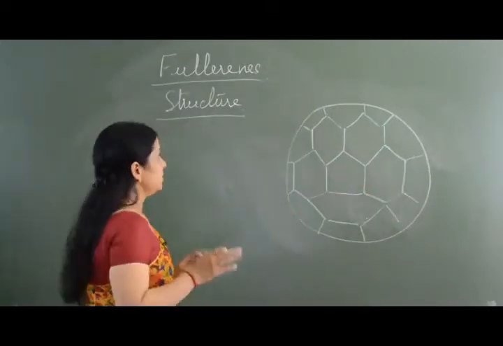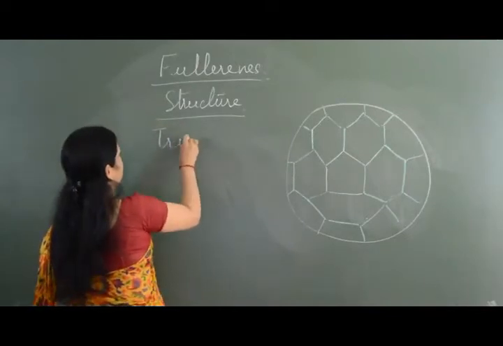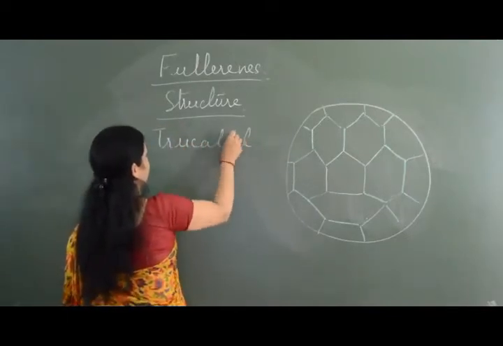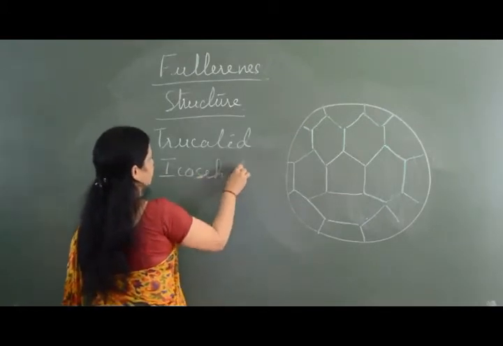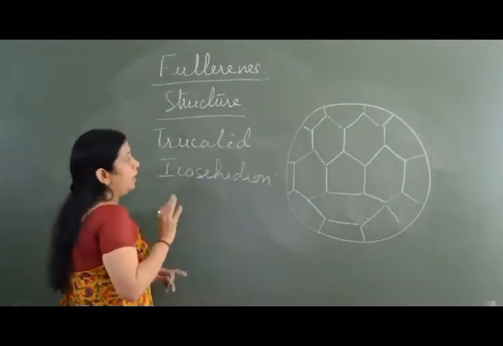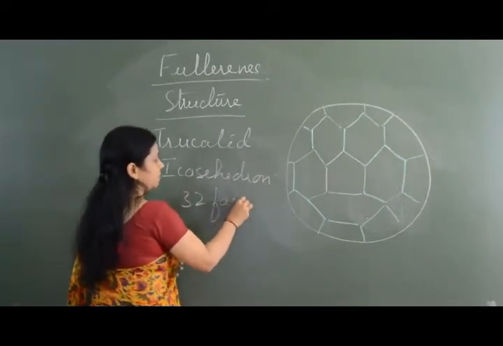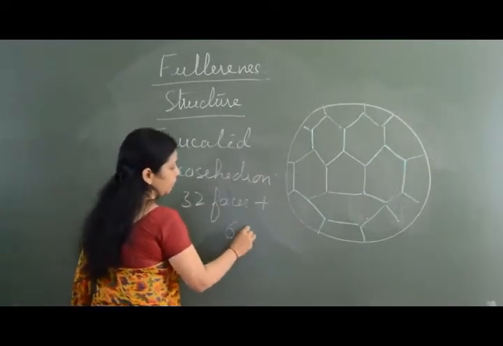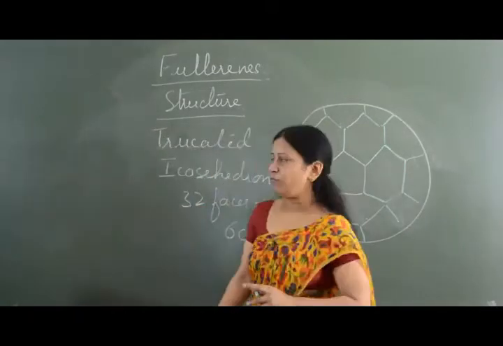Actually the structure of fullerene is truncated icosahedron. It has got 32 faces and 60 vertices.